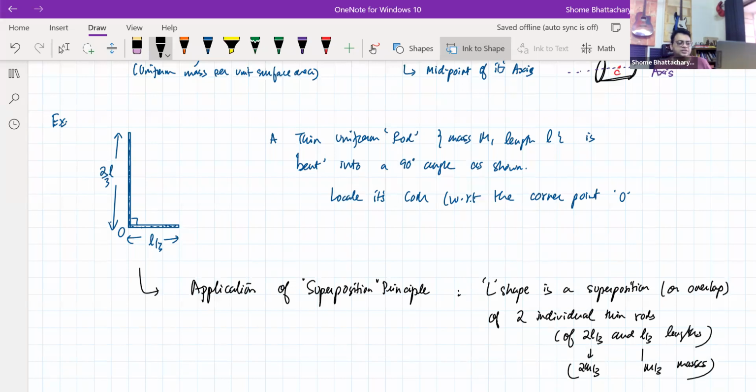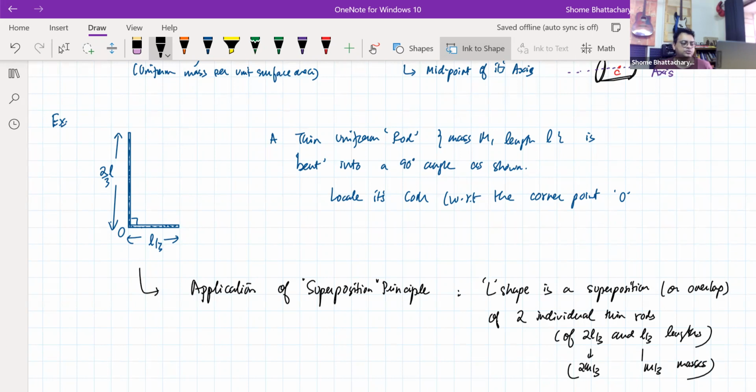So now the concept is that each of those individual rods, their center of mass is located at their midpoint. So using that principle, we will find the center of mass of the system. What I'm saying is you will replace this rod of 2L/3 with a particle of its equivalent mass, that is 2m/3, but that particle should be located where?